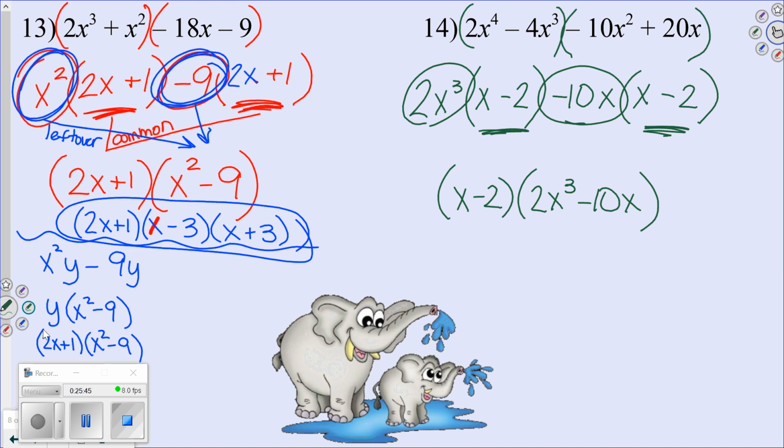Yes, I can. Thank you for noticing that. 2x cubed minus 10x factors further. What comes out of here? 2x comes out of there. What's left when I pull out the 2x?